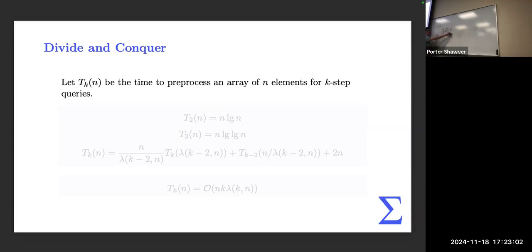So we do the same thing where we divide our array into blocks. In this case, for k equals 4, we're going to divide into log n size blocks. And then we want to use our algorithm for k equals 2 steps on these blocks.